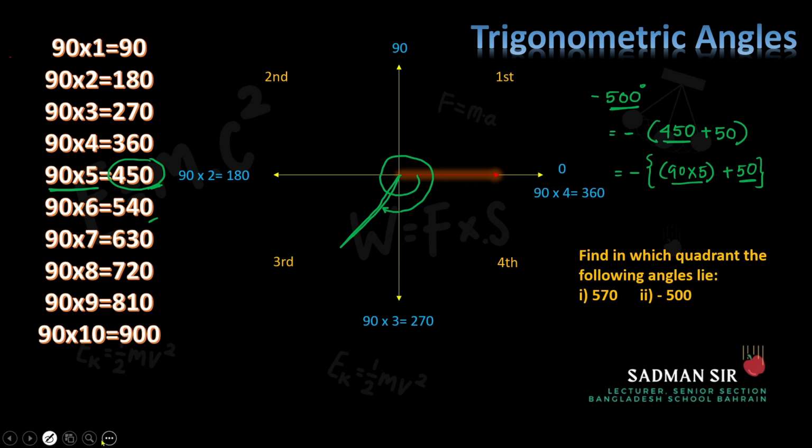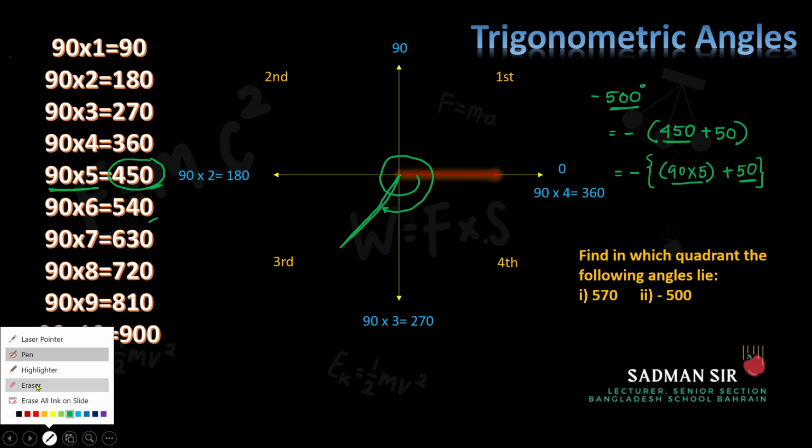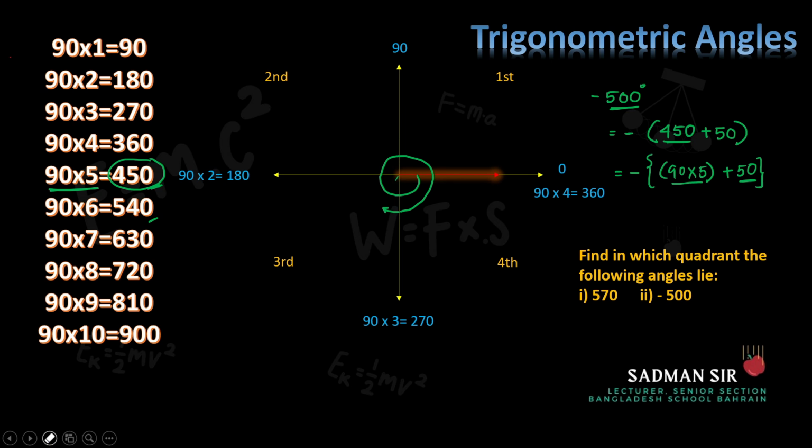So this is actually a disaster. I will erase and draw the line again. Okay, so yeah, that is going to represent the terminal line of this angle minus 500 degrees. So I will write minus 500 degrees here.